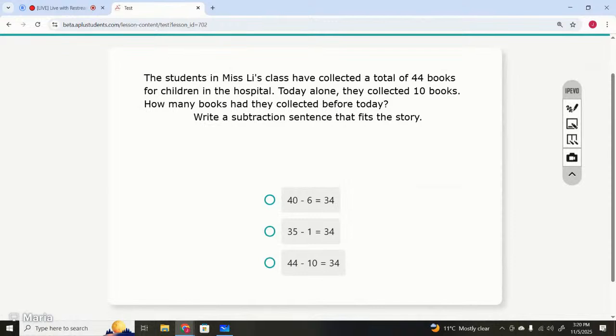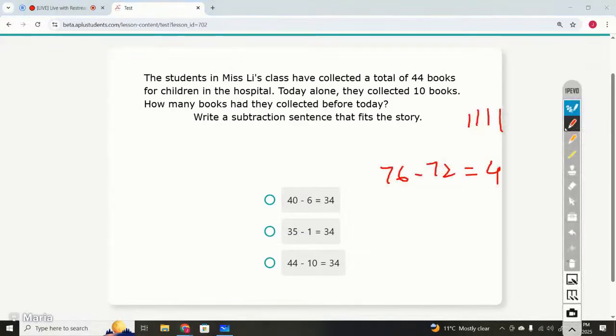The students in Miss Lee's class have collected a total of 44 books for children in the hospital. Today alone, they collected 10 books. How many books had they collected before today? So the total books collected is 44, right? They collected 10 of them today. So how many books did they collect earlier?